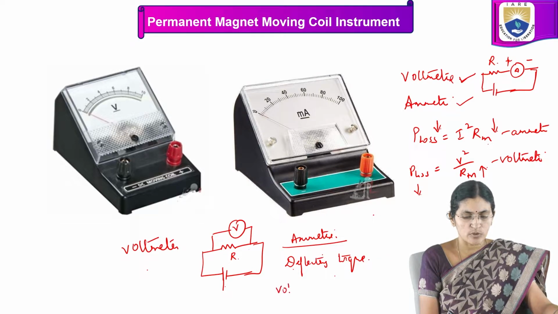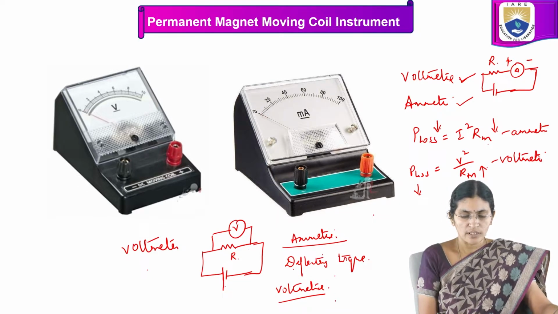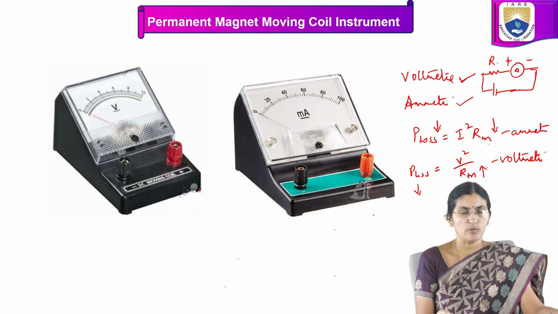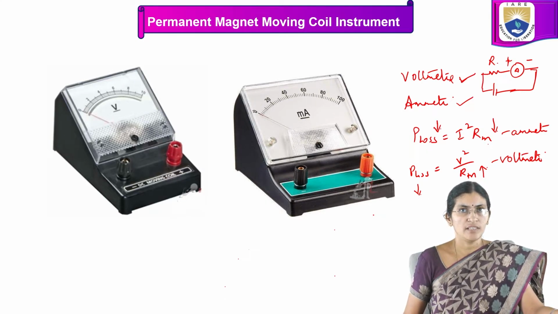In case of a voltmeter, this deflecting torque is proportional to the voltage to be measured, and that voltage is in turn proportional to the current. Now let us see the different types of instruments which can be used as voltmeters and ammeters for measuring voltage and current.